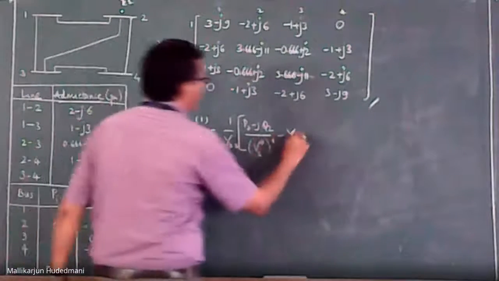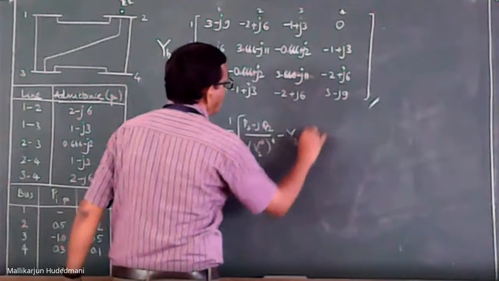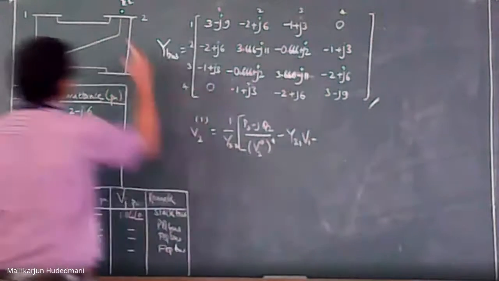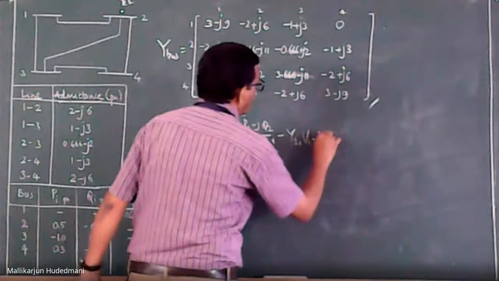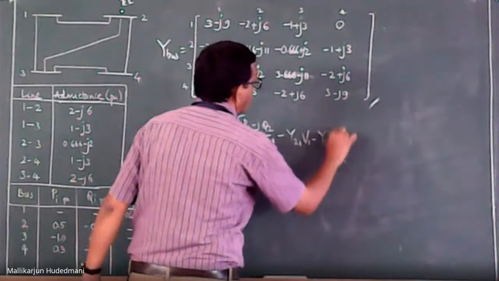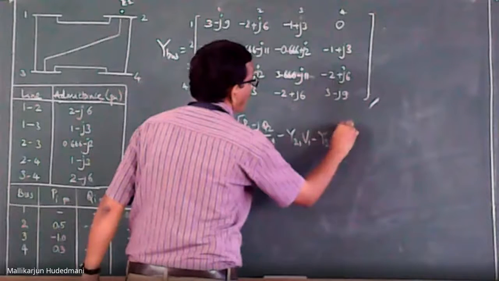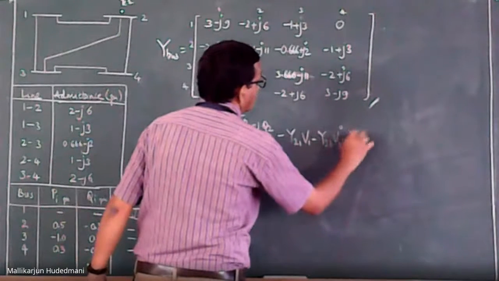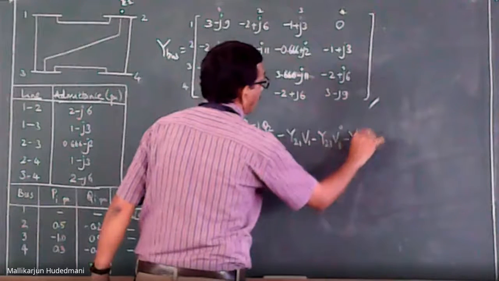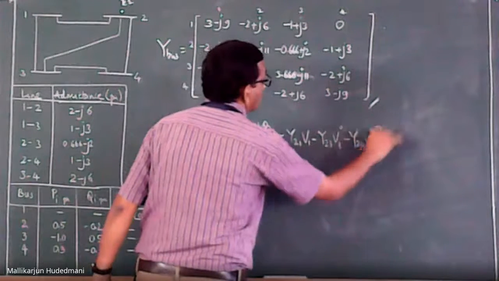That's why I write Y21. I will not fall to a particular equation. Minus 2 to 3 I have, Y23, V3 0, I write here because it is initial voltage. Minus Y24, V4 0.